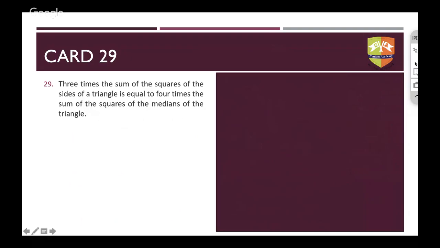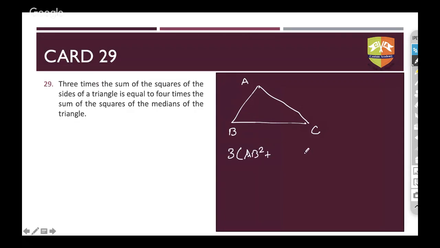This theorem says, okay, this is triangle ABC, and it says 3 times the sum of the squares, 3 times AB square plus BC square plus CA square, is equal to, let's say these are the medians DEF, and this is a direct application of the previous theorem, the Apollonius theorem.